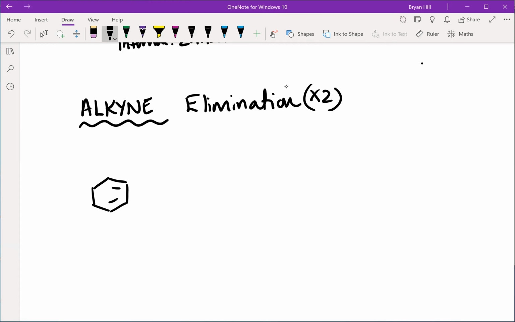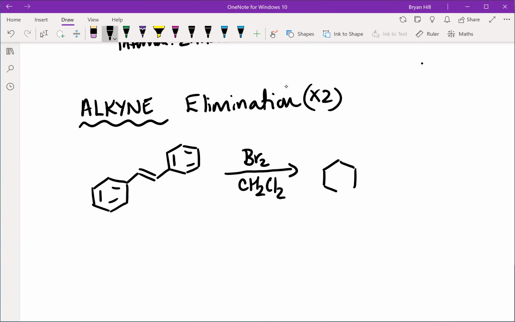If we were to take this compound here, and we were to do our bromination reaction, Br2 in dichloromethane, we would make the dibromide. Something specific about the dibromide: we'd make the trans dibromide, right?